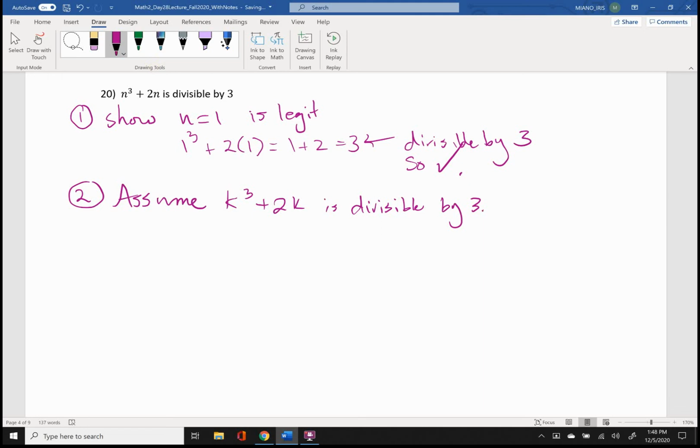Literally, step 2 is the easiest one to do because you're just replacing the n's with k's and calling it good. And you're going to use that to show now that k plus 1 quantity cubed plus 2 times the quantity k plus 1 is divisible by 3.